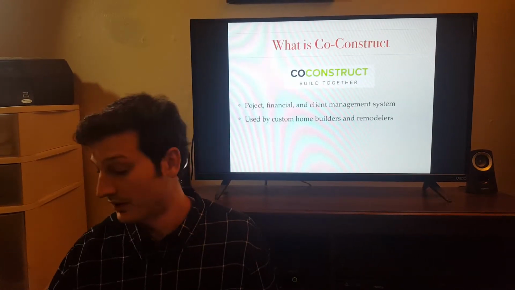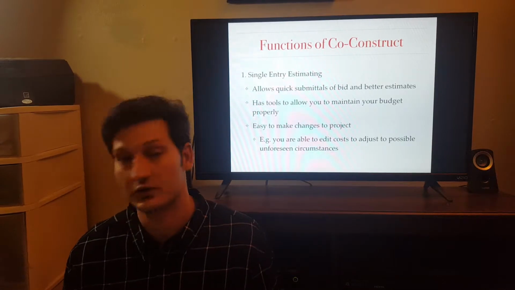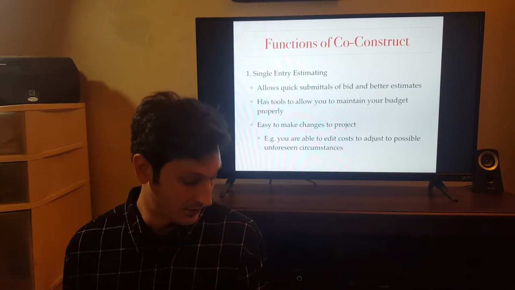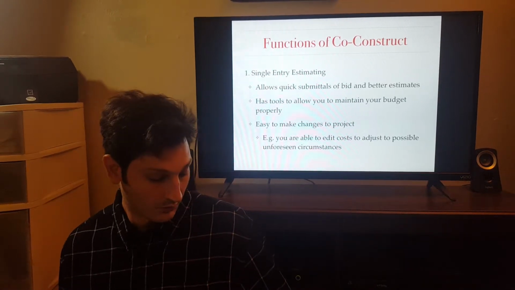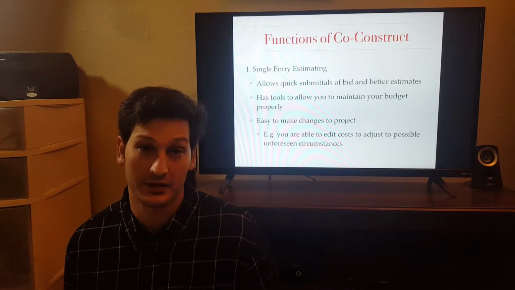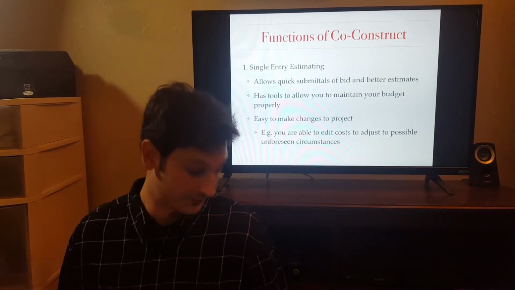Let's talk a little bit about the key features of Co-Construct. So the first key feature I think is most important is single entry estimating. With full integration between softwares, Co-Construct ties your estimate to your specs and your budget. This makes it very easy to visualize and execute your project.